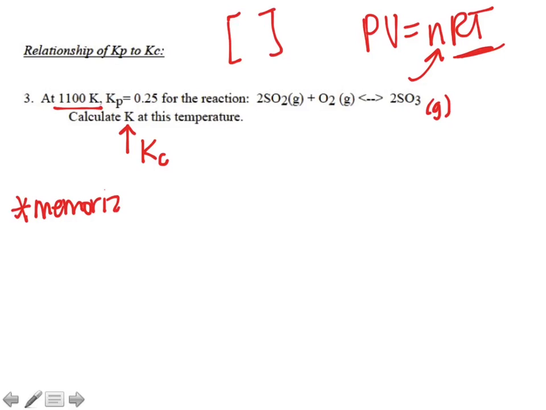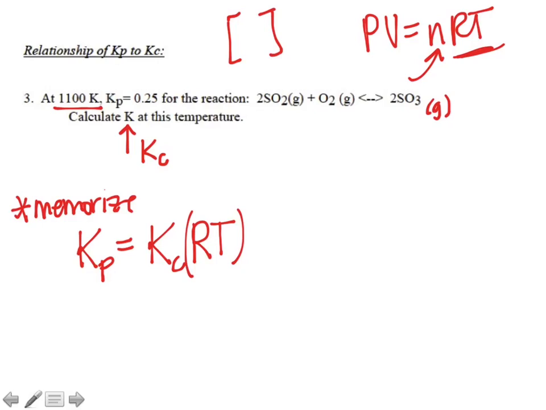So Kp is equal to Kc times R times T to the change in n. How to remember this? Be politically correct to the power of delta n. Politically correct to the delta n.